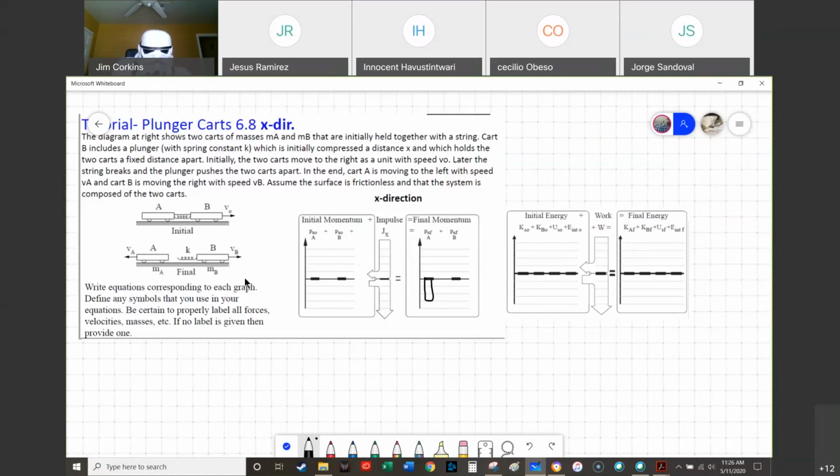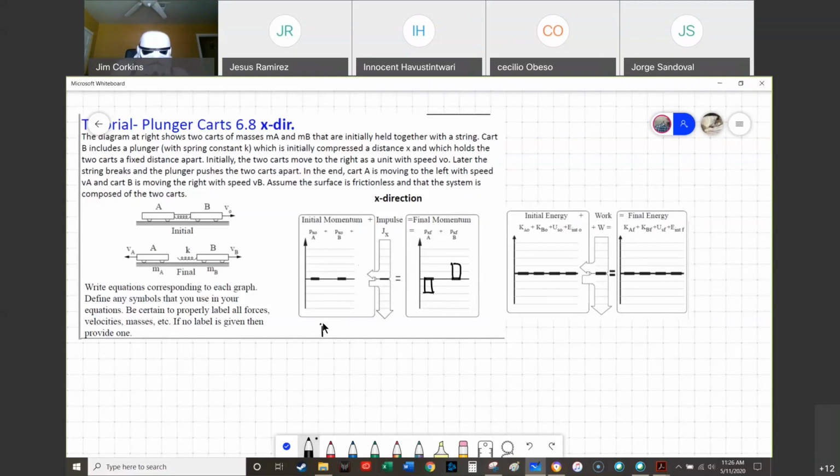Object A will be moving to the left, so it will have a negative momentum. And I'm going to just say that they will have an equal momentum. Object B will be moving to the right, therefore it will have a positive momentum.